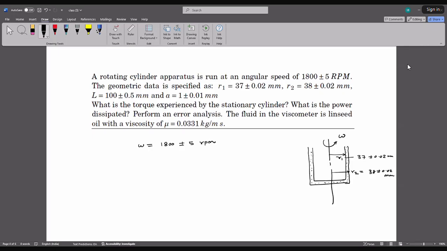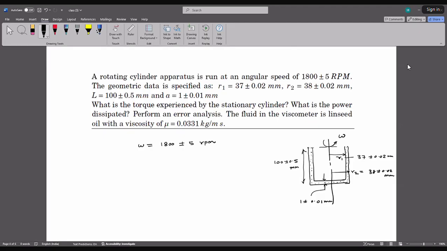L is 100 plus minus 0.5 millimeter. L is basically this thing, 100.5 millimeter. This is A, the gap at the bottom, 1 plus minus 0.01 millimeter.